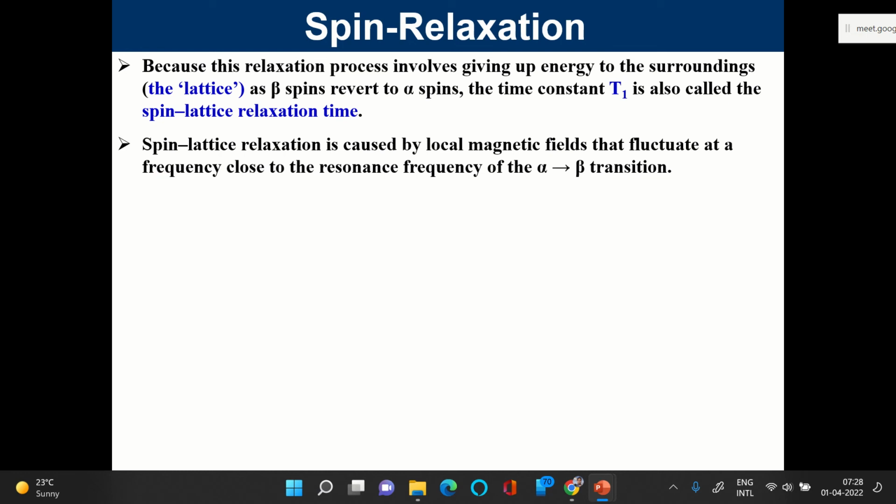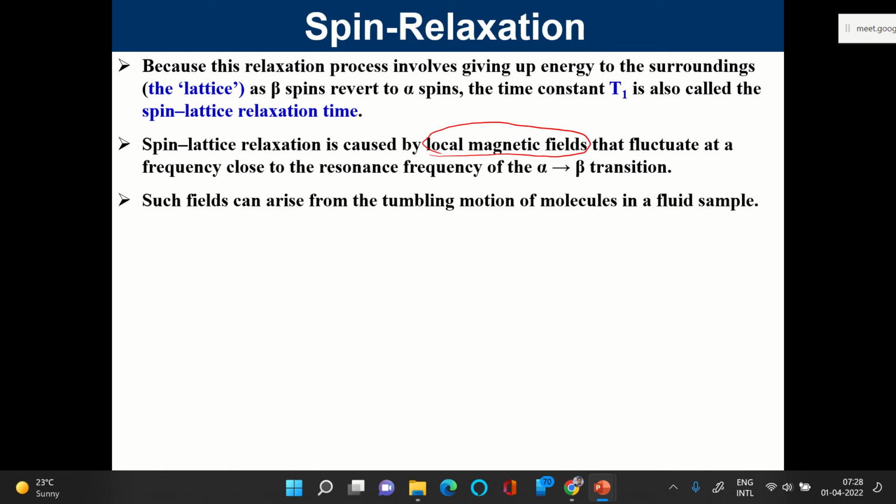Why is it called spin lattice? Because it depends on the surroundings. So fluctuations, local things, the local magnetic field is important when they are relaxing back from beta to alpha transition.